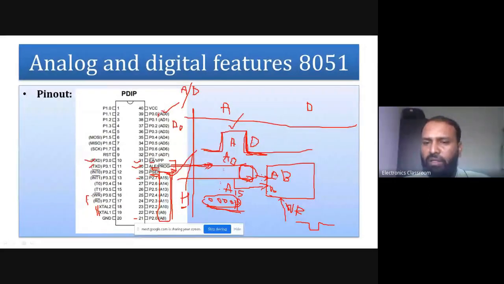So memory will receive that data from pins D0, D1, D2, D3 to D7 and store it on the 0000H memory location. Is it clear how this demultiplexing is done in a multiplexed address and data bus? Is it clear to all of you?